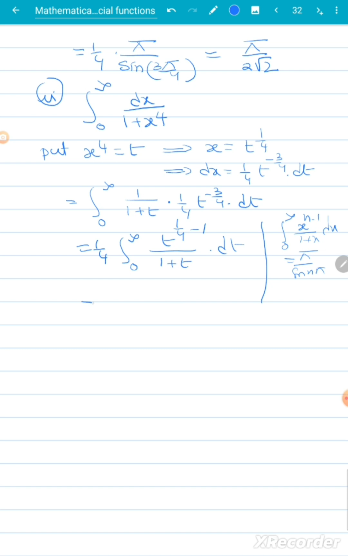So this is equal to 1/4 into pi by sin n pi, where n is 1/4. So this is equal to 1/4 into pi by sin pi/4, which is 1 by root 2. So this is equal to pi by 2 root 2.